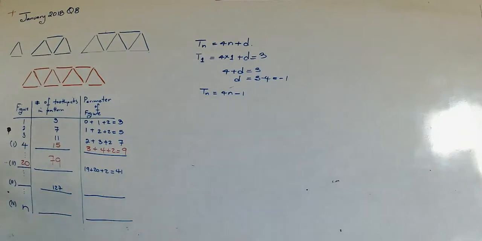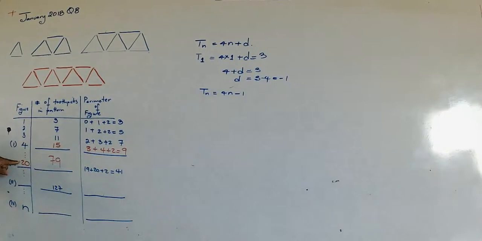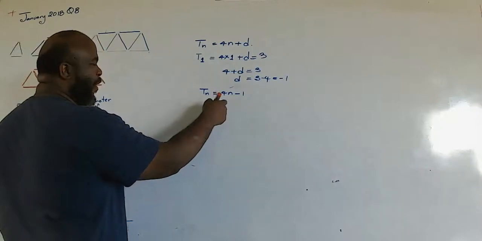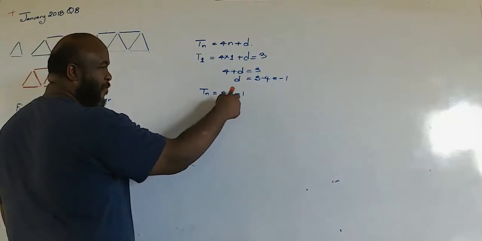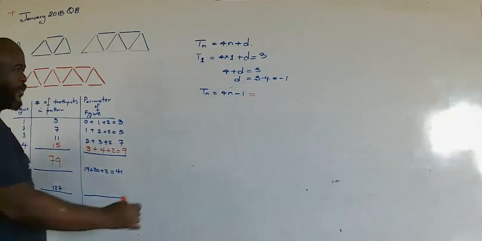Let's continue. Are you looking? I don't know what number n is here, but what I know is 127. So I need to find out what n is. Tn is equal to 4n minus 1, and that is equal to 127.